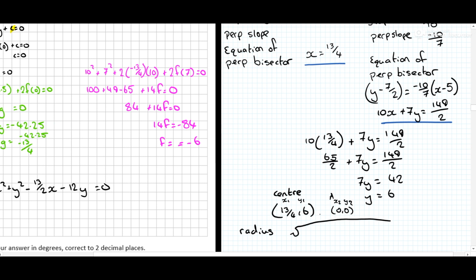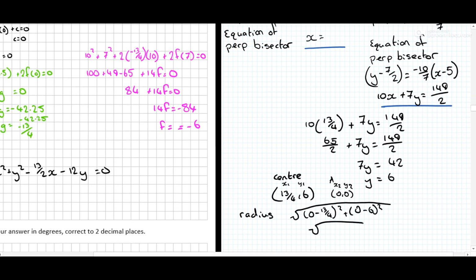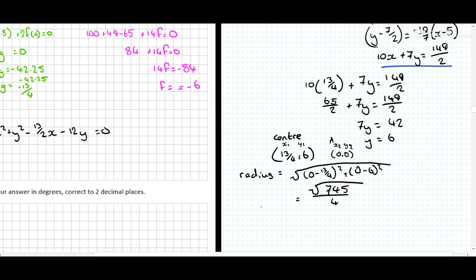Using the distance formula, the distance between the two of them: 0 minus 13 over 4 squared plus 0 minus 6 squared. The radius is going to be square root of 745 over 4.